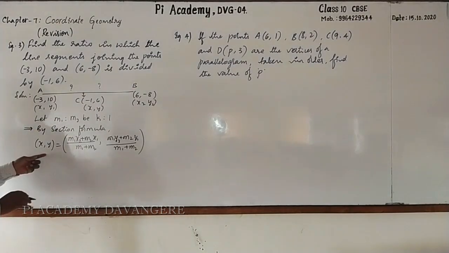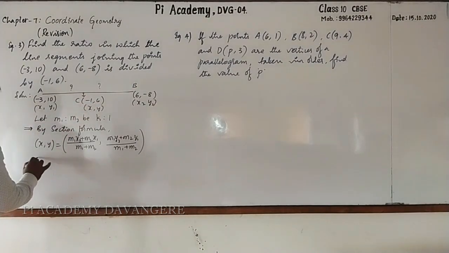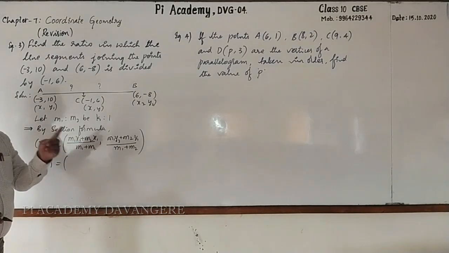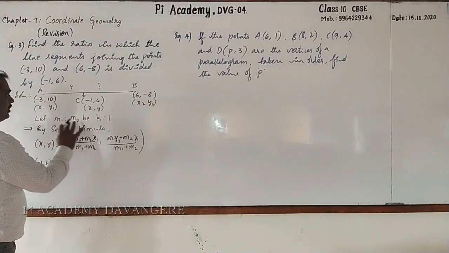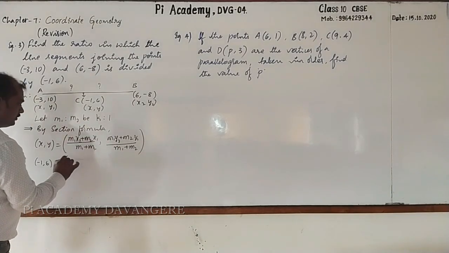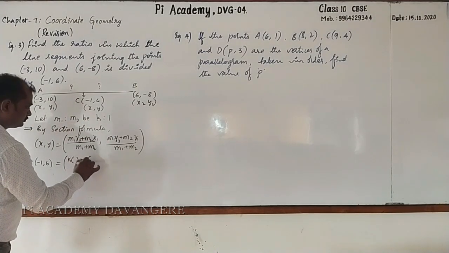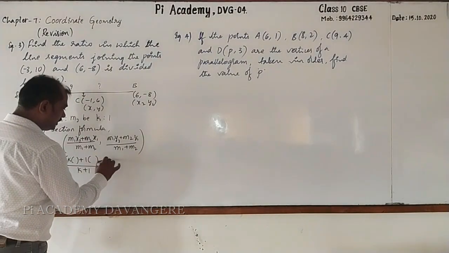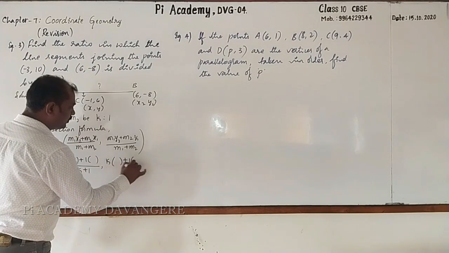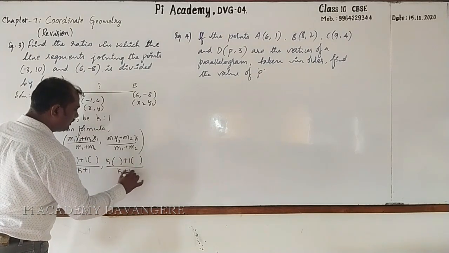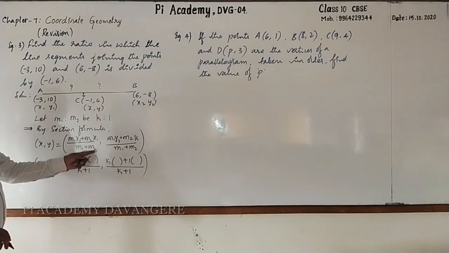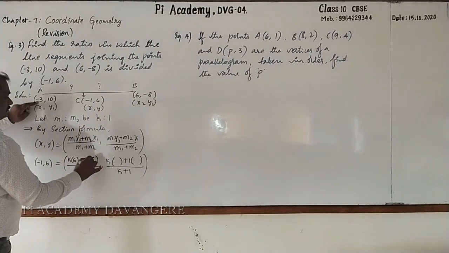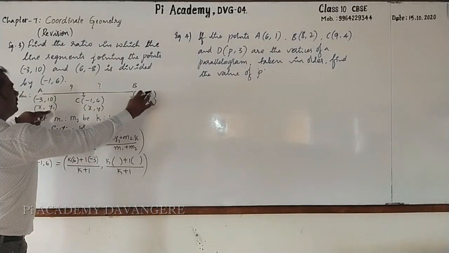Go for substituting. What is x comma y? This is minus 1 comma 6 is equal to, first substitute m1 and m2. It will be easier. Where m1 is k, m2 is 1. k into x2 plus 1 into x1 by k plus 1. Here also k into y2 plus 1 into y1 by k plus 1. x2, x1, okay, 6 and minus 3. y2, y1, minus 8, 10.